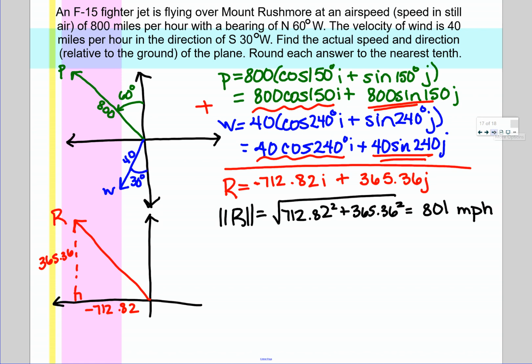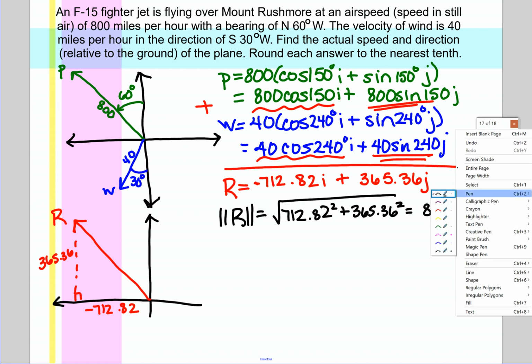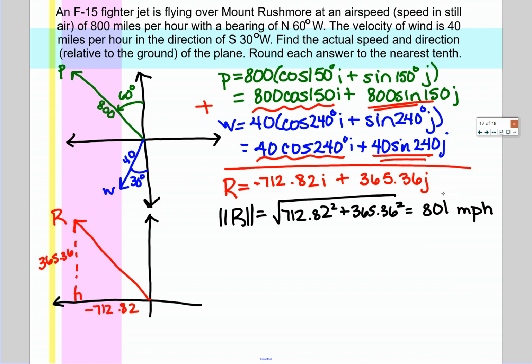Second part of the question wanted to know the bearing of the plane. What direction is the plane flying based on that resultant? North, south, east, west? It's definitely flying northwest. We've just got to find that bearing. So we're going to look for alpha. I'm going to get theta first. How do I get theta?